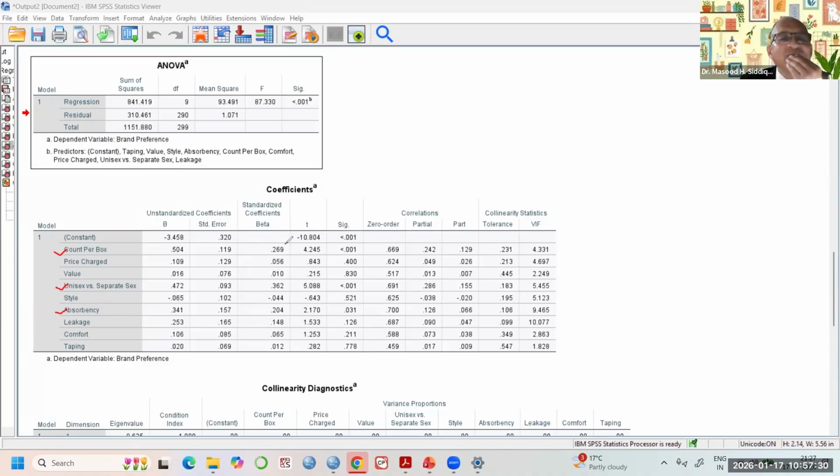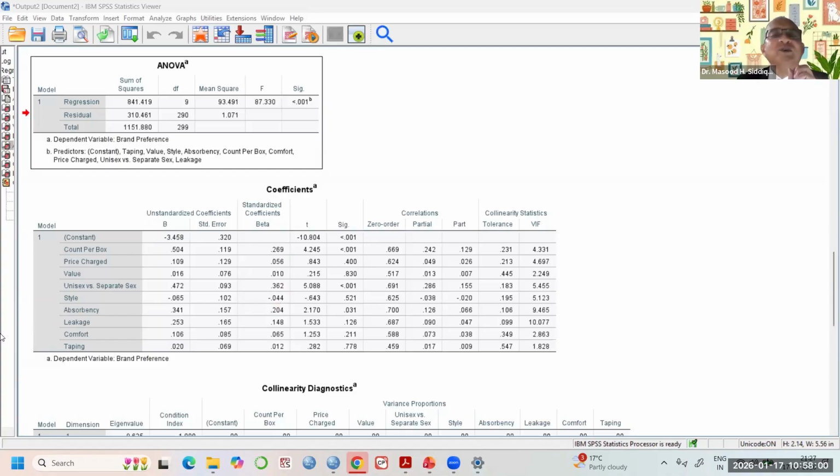And what are the beta coefficients? These are the beta coefficients that I have written, for the unisex this, and this is absorbency. So these are the standardized coefficients that are under our discussion. The unstandardized ones are not being used for creating the hierarchy. So these are the values that I have taken up just to demonstrate things.